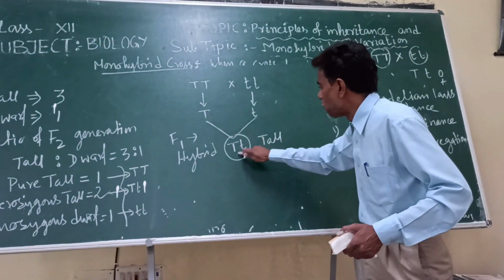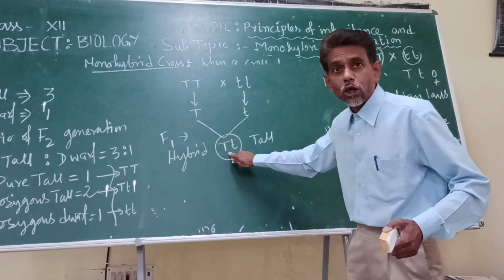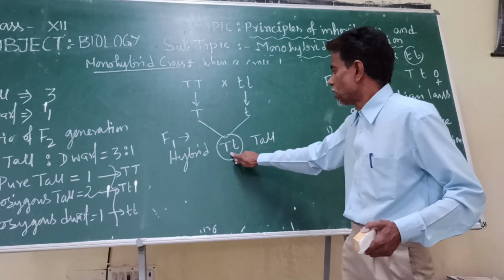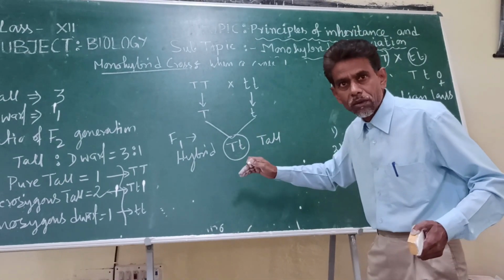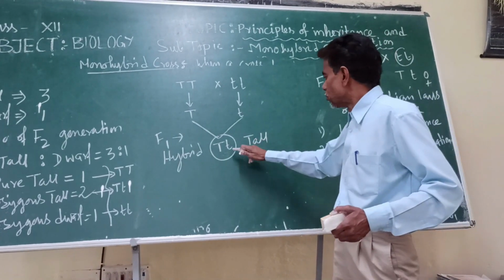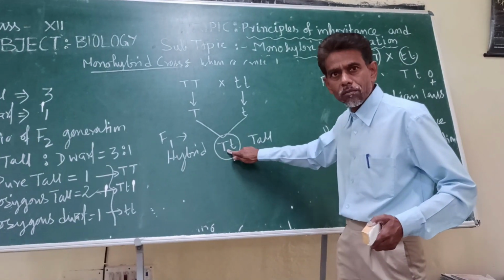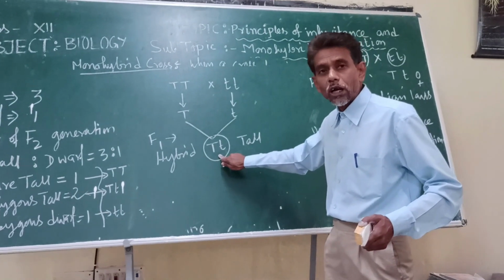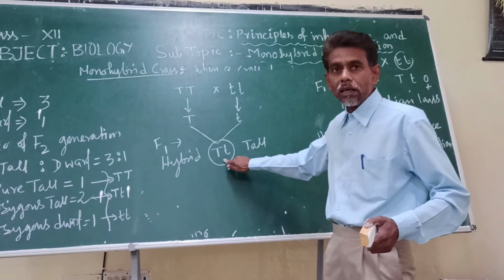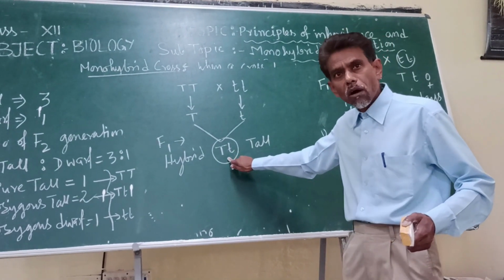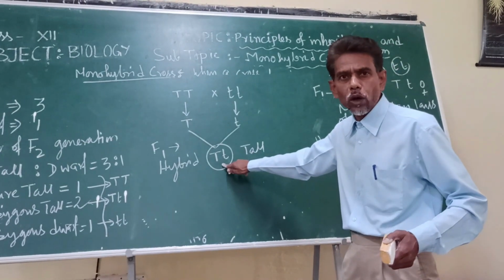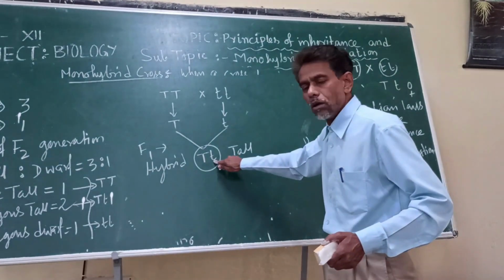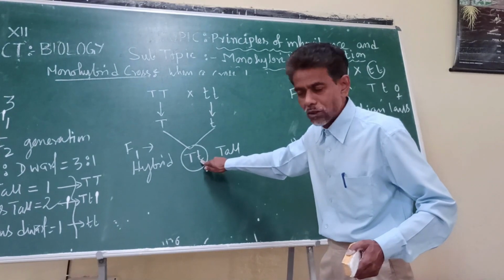That means somehow the tallness character masks, hides the dwarfness character. The allele for tallness is more powerful and does not let the allele of dwarfness express.